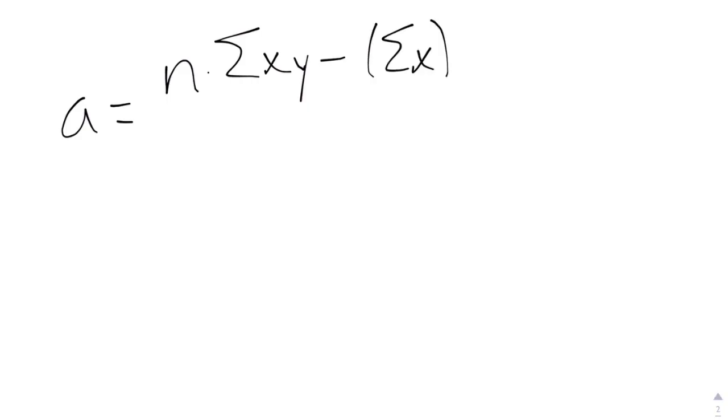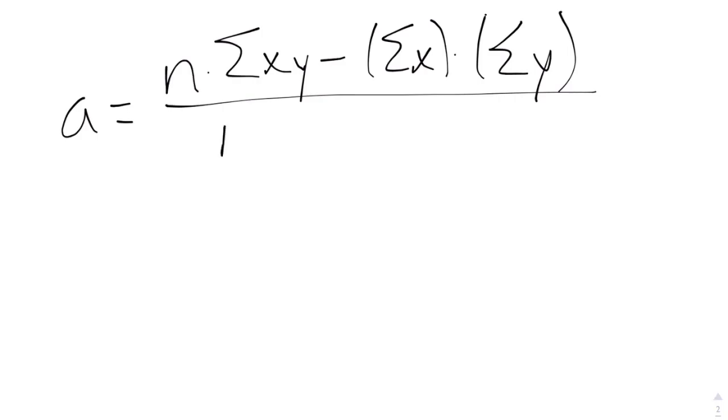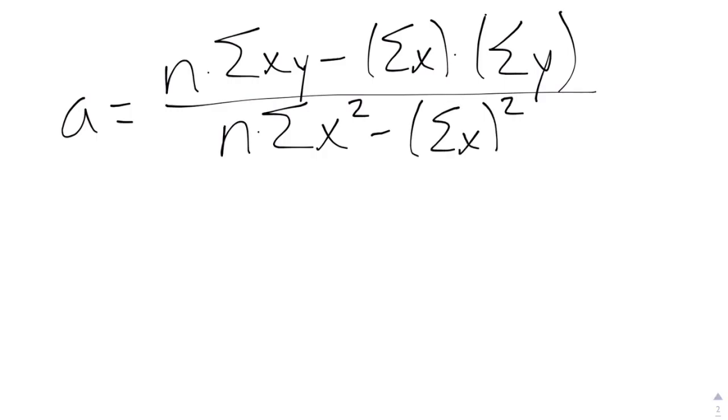A equals n times the summation of xy, minus summation of x times summation of y, all over n times summation of x squared, minus the summation of x, quantity squared.